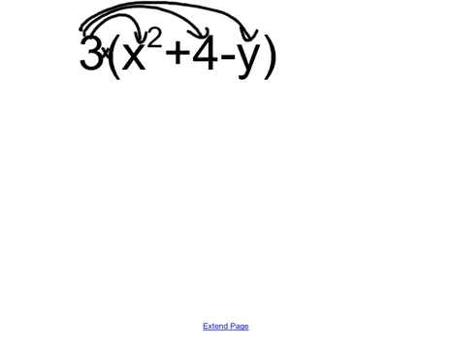Well, I have 3 groups of x squared, so that's going to be 3x squared. I have 3 groups of 4, which we call 12, and I have 3 groups of negative y, so this would be negative 3y. Again, this is the distributive property. This is something that we're pretty used to dealing with.